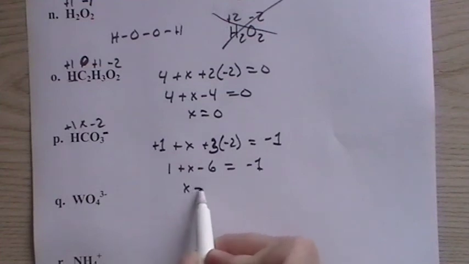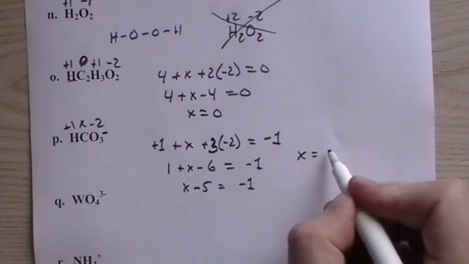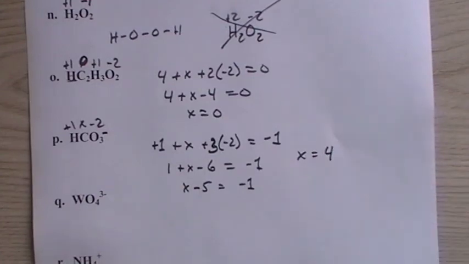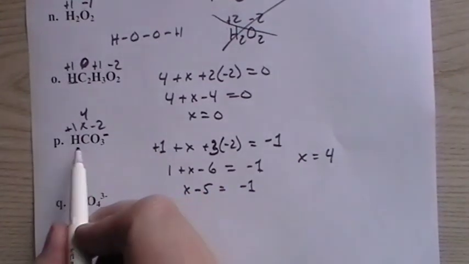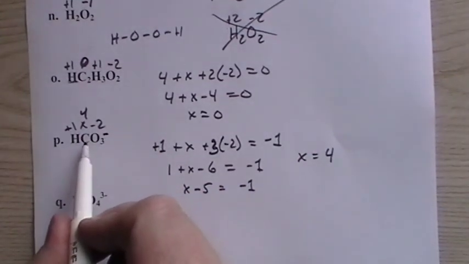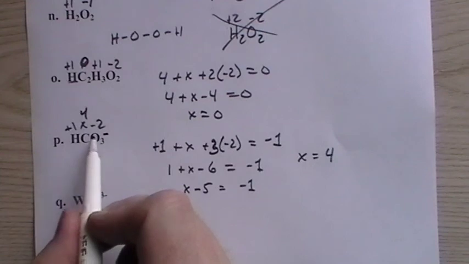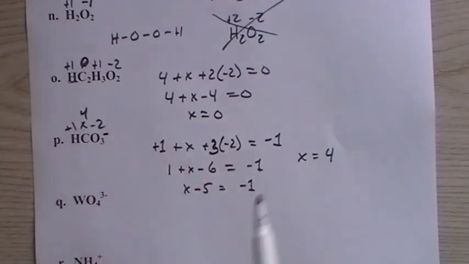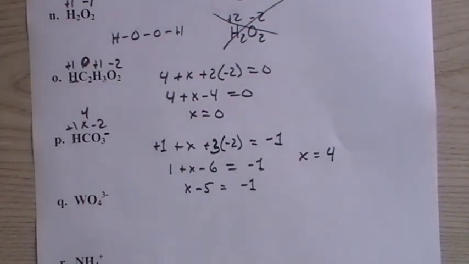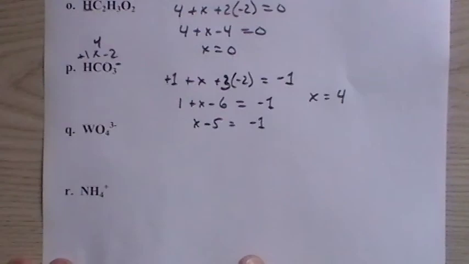So x minus 5 is equal to -1. So x is equal to +4. So there's 4, and then what we do is we have 4 plus 1 minus 6. So that's 5 minus 6 is -1. So when you're done, you can always double check. Just add up your oxidation numbers to make sure that you get the proper charge.